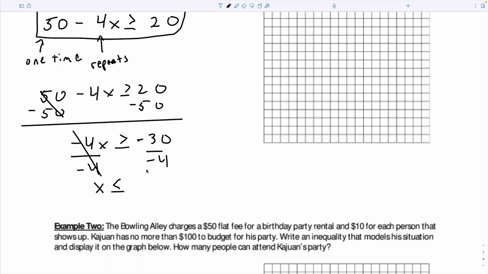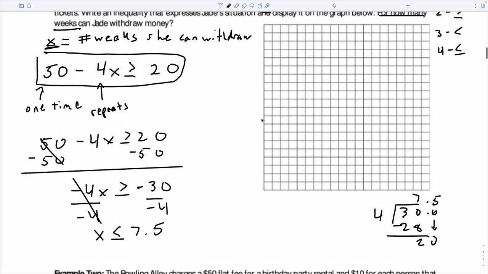Greater than goes to less than. 30 divided by 4 is an ugly decimal, but we won't discriminate. It is 7 point something. 7.5? x is less than or equal to 7.5. We're going to plot this.